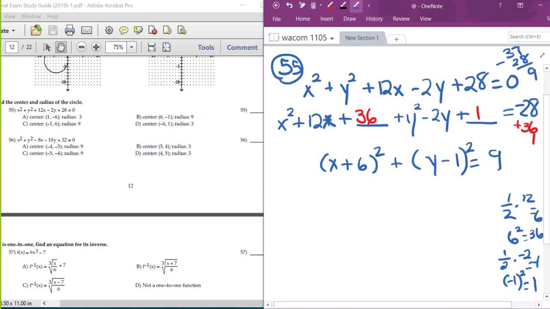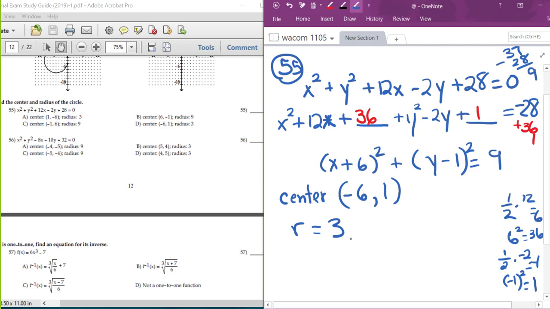All right, for your center, your form is x minus h and y minus k. So your center will be negative 6, 1. This one's already minus, so it'll be negative 6, 1. Your radius is the square root. This is r squared. So radius will be 3.